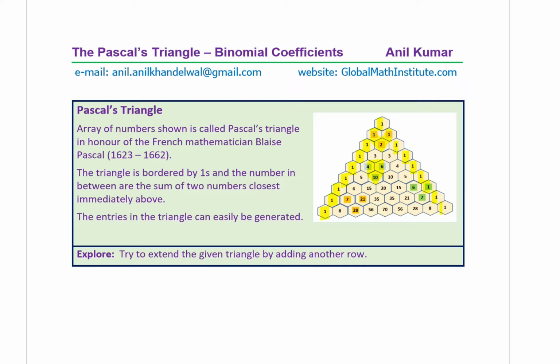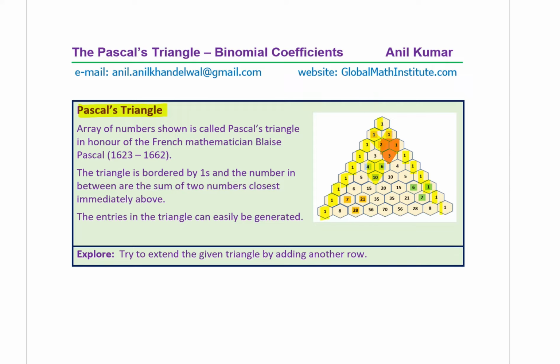So for example, if I add the number 1 and 2, what I get is number 3 right under it, right? That is how you can fill this up. It's very easy to create this triangle with the numbers filled in. And this triangle is known as Pascal's triangle. Perfect.